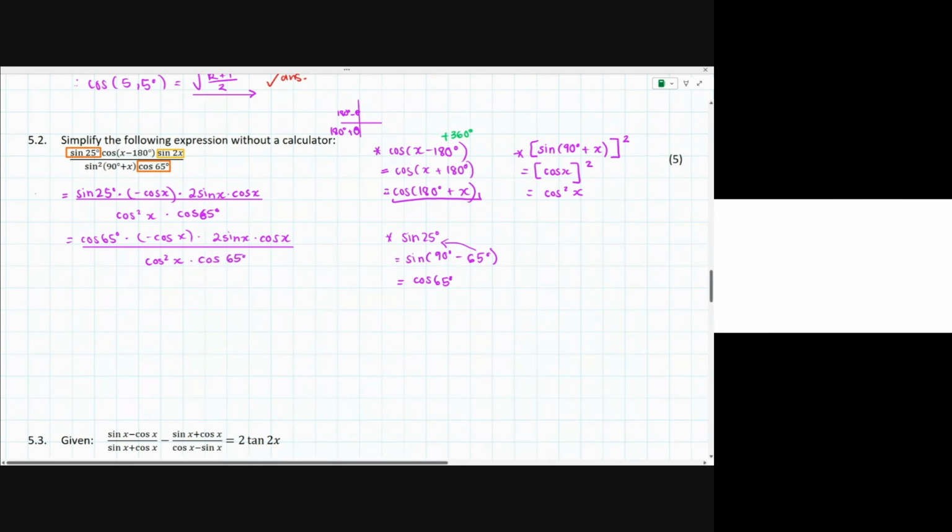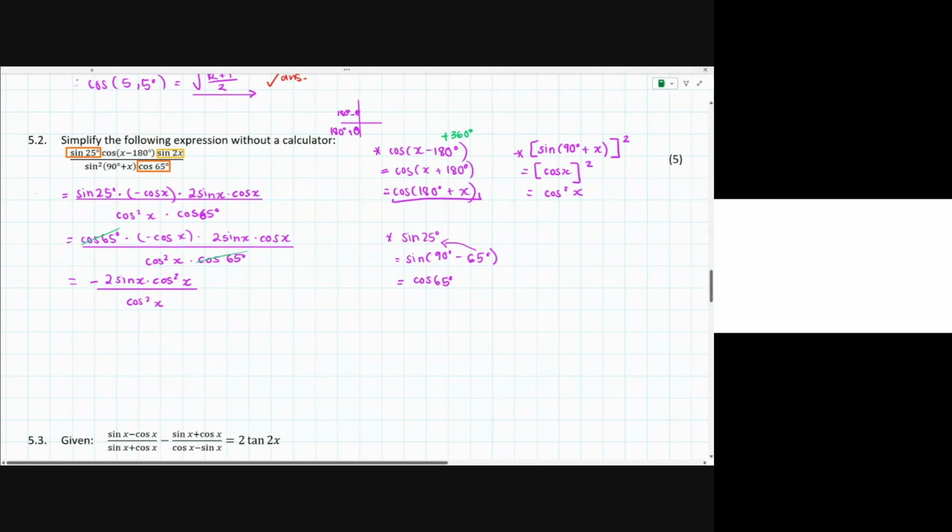Right, this is now where we start to simplify. First things first, cos 65 divided by cos 65. Let's get rid of that. We don't need unnecessary stuff clogging up our space. I'm now going to multiply what I have in my numerator. So negative cos x times 2 sine x cos x gives me negative 2 sine x cos squared x, because cos times cos, all over cos squared x.